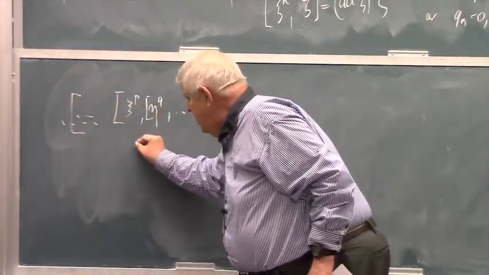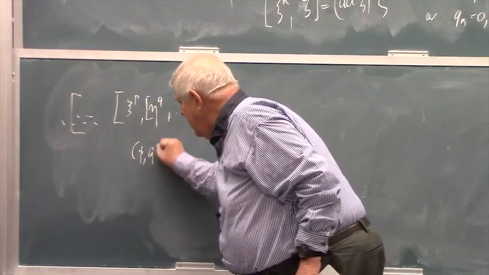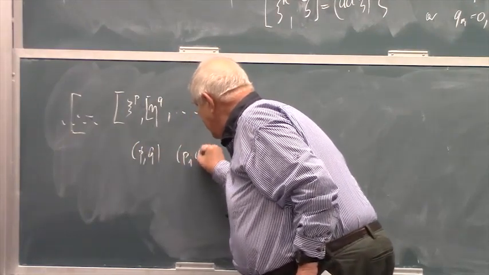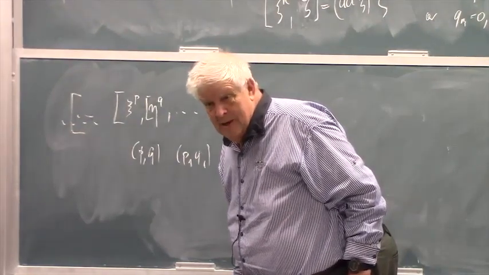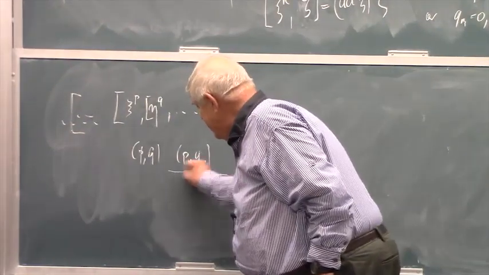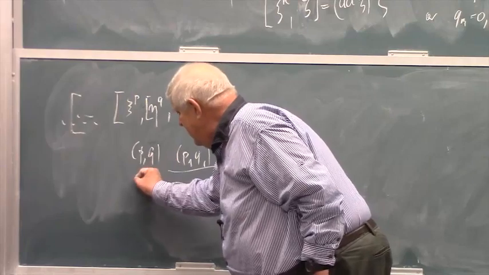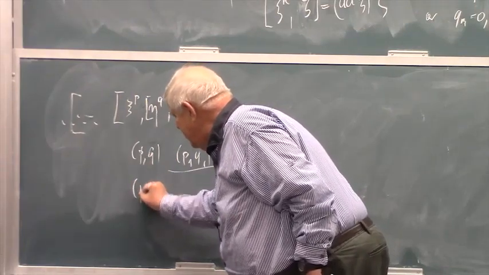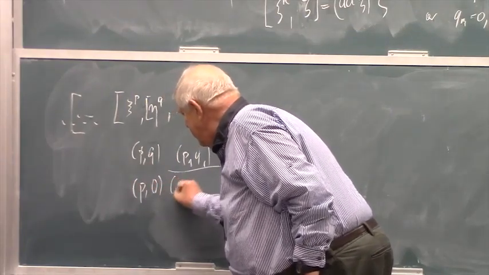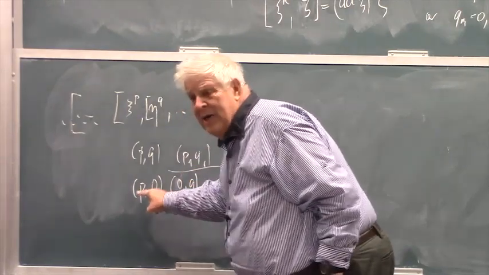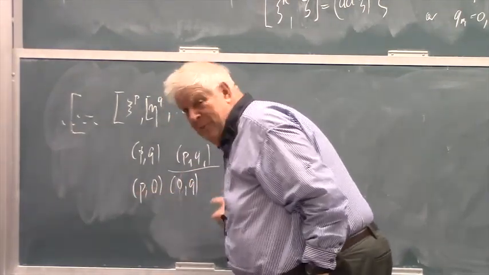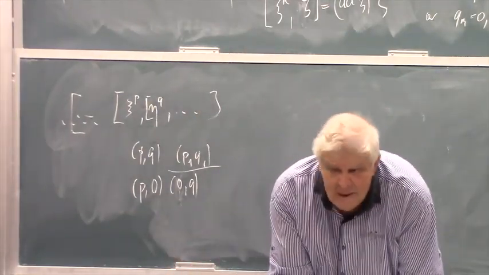So we have p_i and q_i, but we can achieve the same if, instead of this, we use the brackets p 0, 0 q. So take p_i is p, q_i is 0, and p_{i+1} is 0, the same.